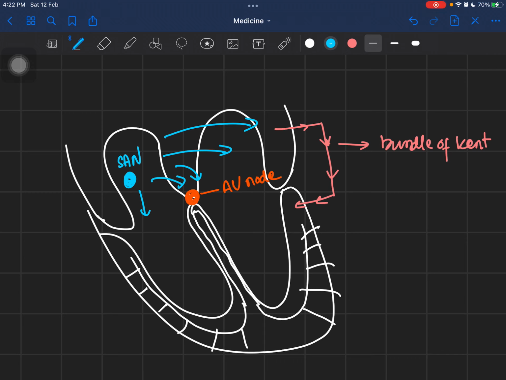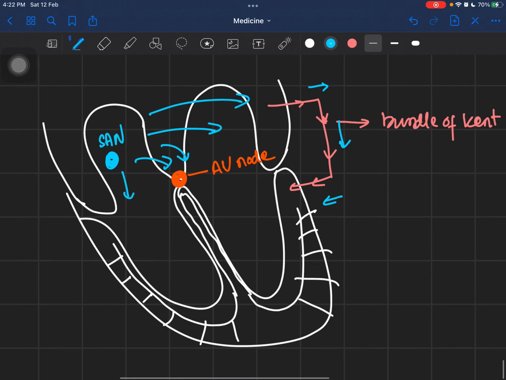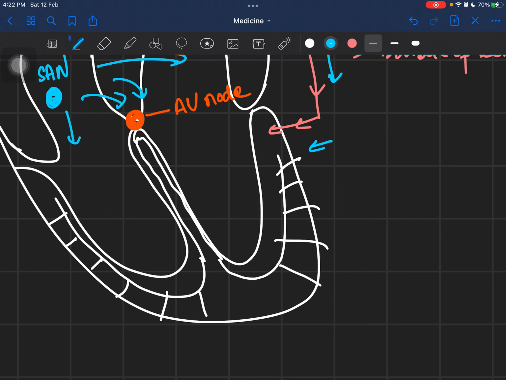The current that is passing through this alternative pathway does not utilize the normal Purkinje system. I told you the Purkinje system is a very high speed conduction system. Because this pathway is not utilizing the normal Purkinje system, the conduction is slow.